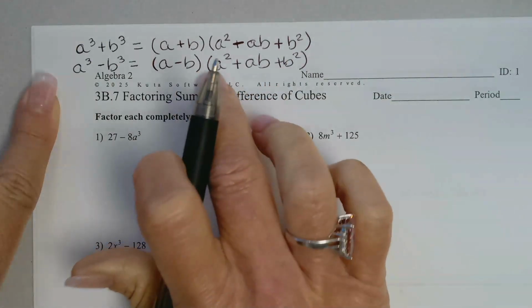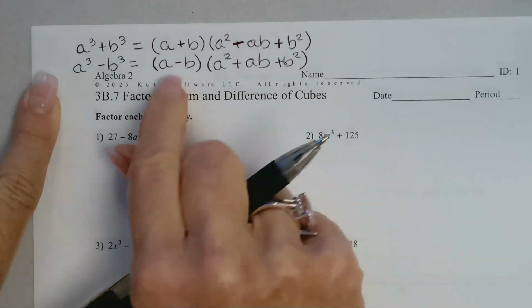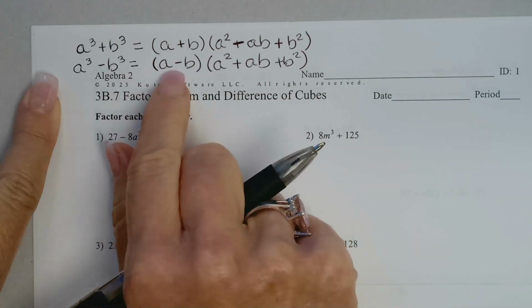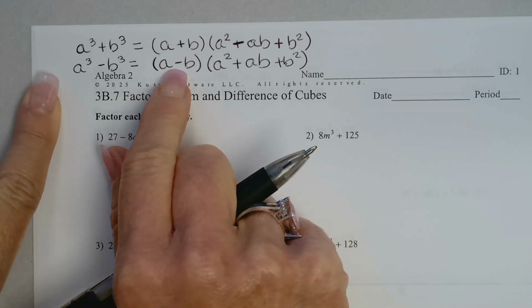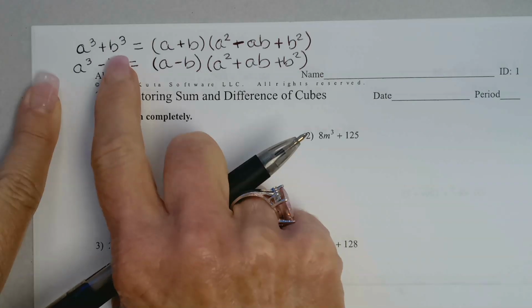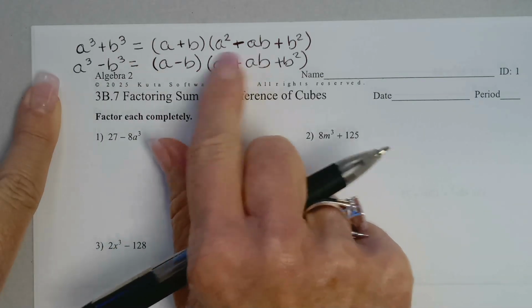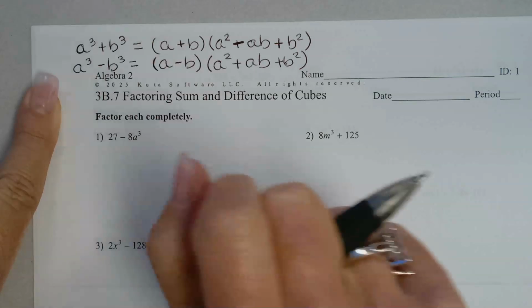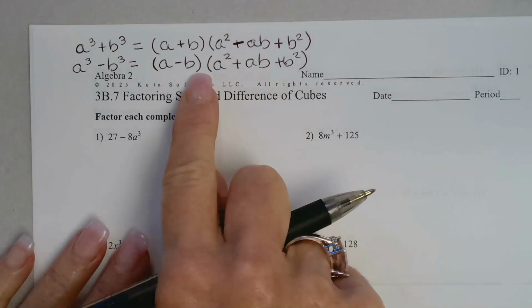So both of these have a minus sign somewhere in them. But this difference formula has it in the binomial factor. The positive cube has it in the trinomial factor. So it's just located in a different place, but that's the only thing different about these formulas.